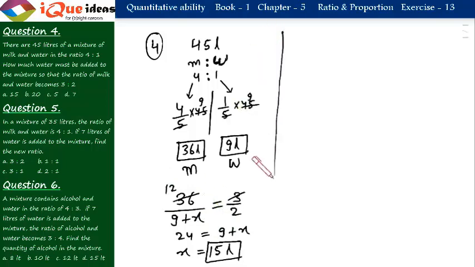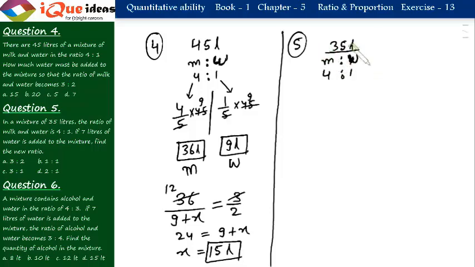Okay, let's take up the next question. The next question is question number 5. It says, in a mixture of 35 liters, the ratio of milk and water is 4:1. This seems to be a pretty easy question. Straight away we take it as 35 liters, divide in the ratio of milk is to water as 4:1.